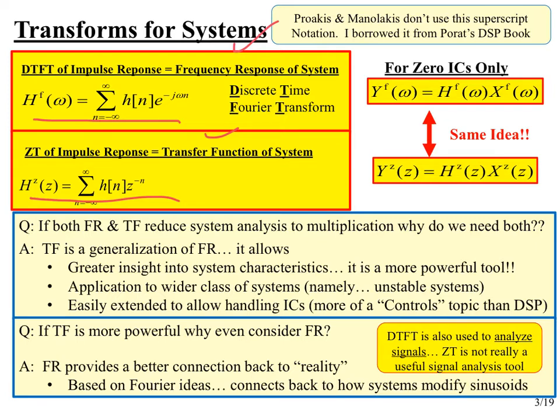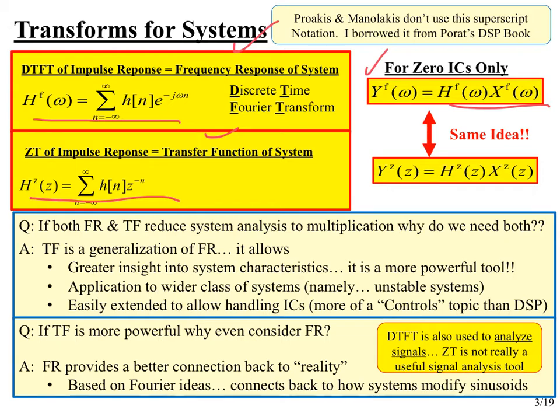And if we're dealing with a system that has zero initial conditions, we have exactly the same result, that the output DTFT can be found from multiplying the frequency response times the DTFT of the input.